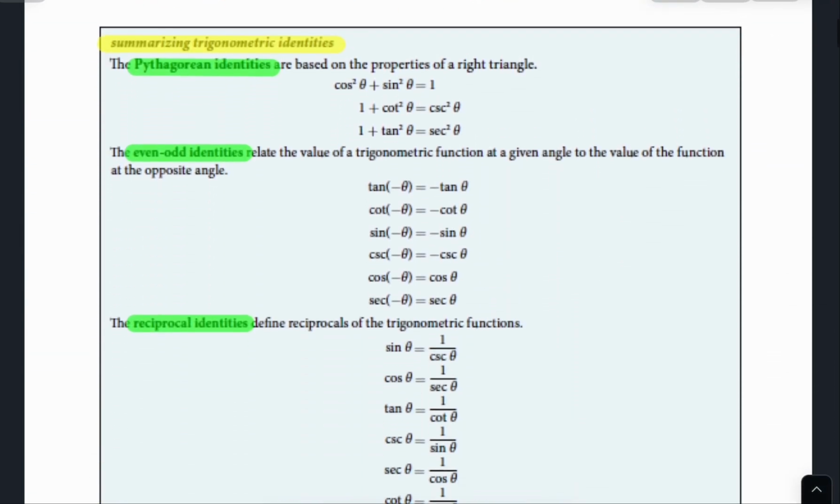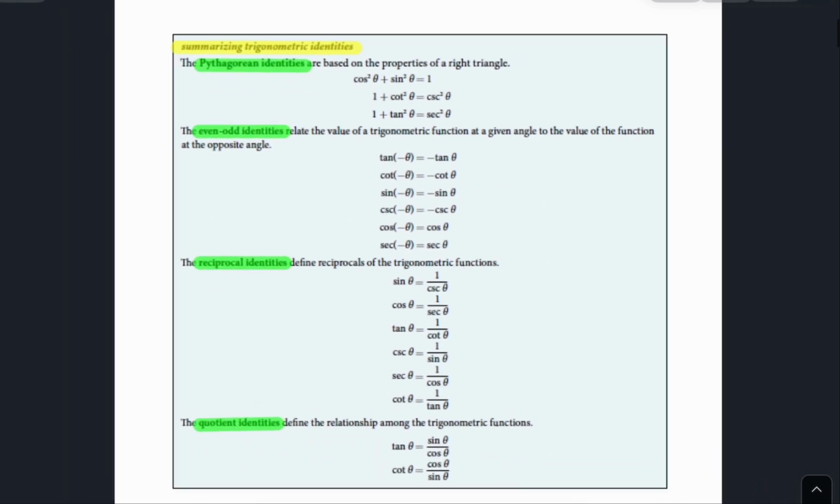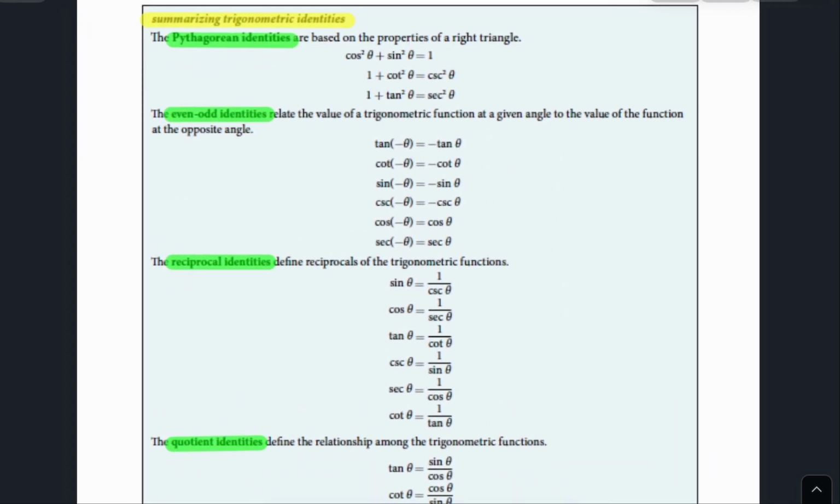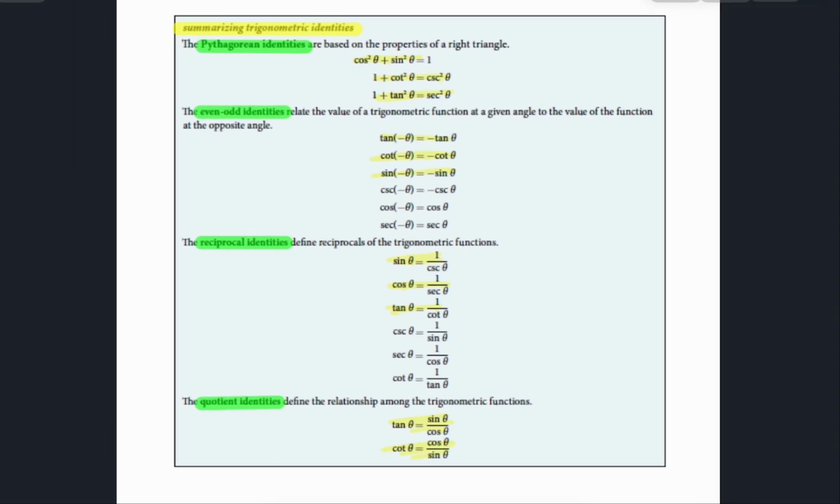So this is all of them summarized. The ones you have to have memorized are the first three on the Pythagorean identities, the first three even and odd identities, the first three reciprocal identities, and then these last two about the tangent, cotangent, secant, and cosecant.